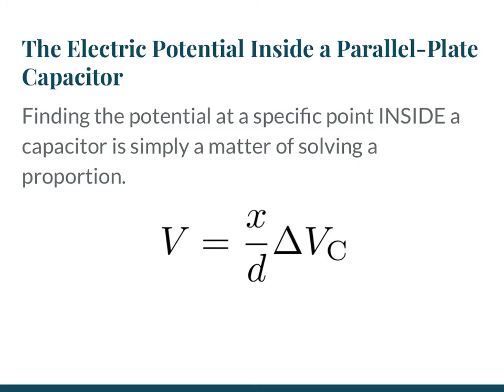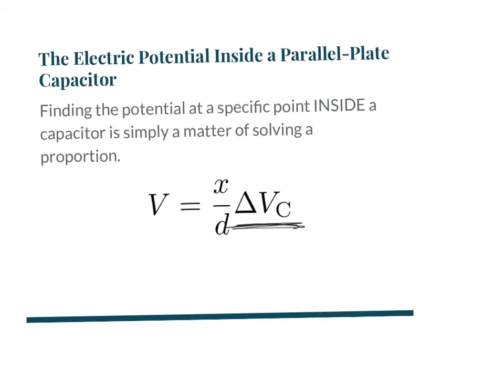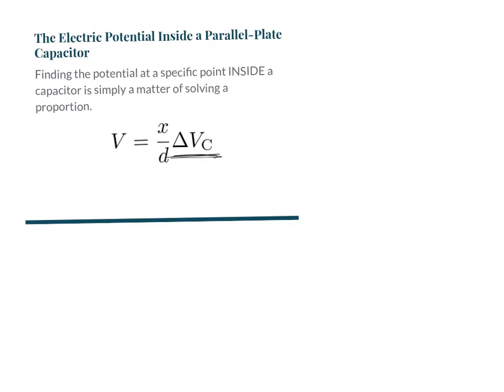So when you're inside the capacitor itself and you haven't gone all the way across, but you know the potential difference across the entire capacitor, you can just use a proportion to solve for the potential difference across 2 points instead of across the full capacitor.